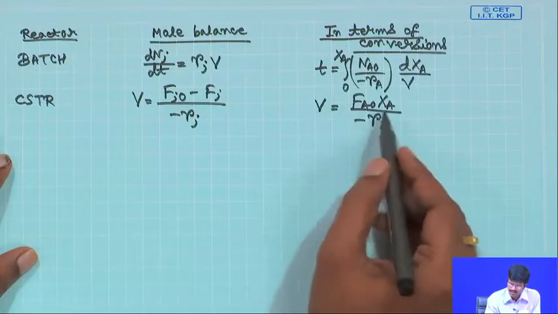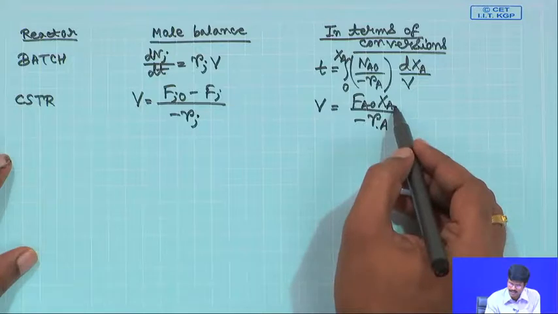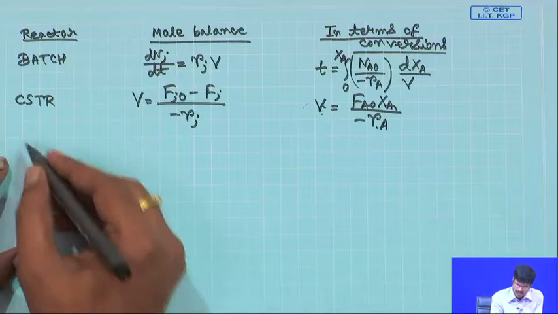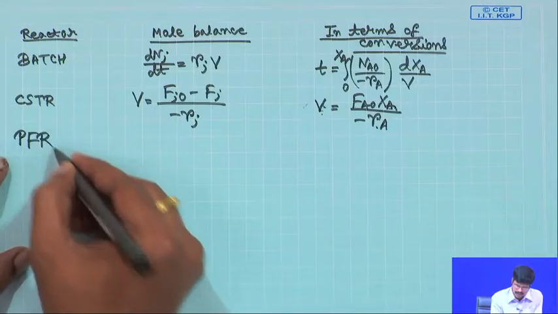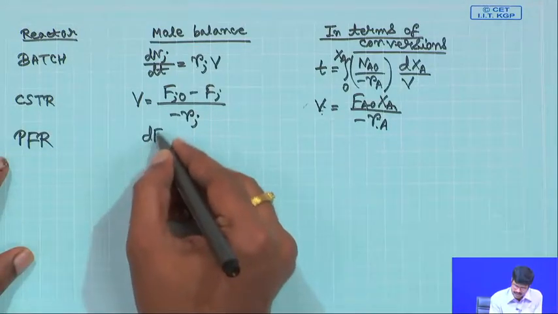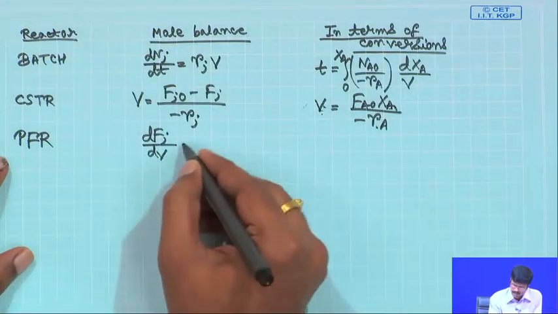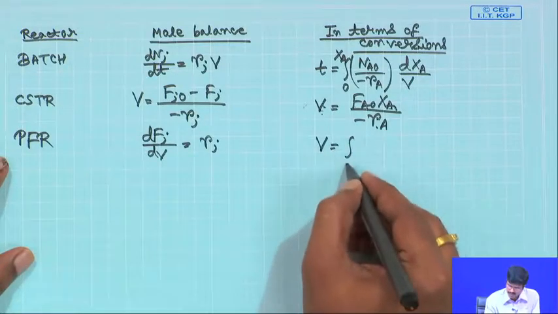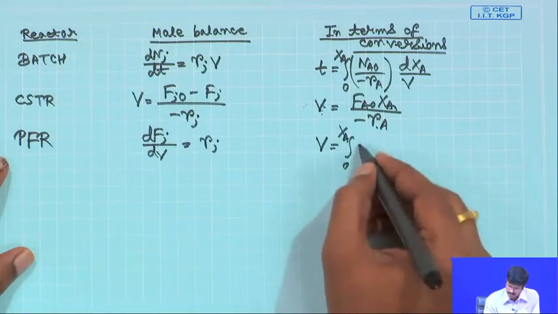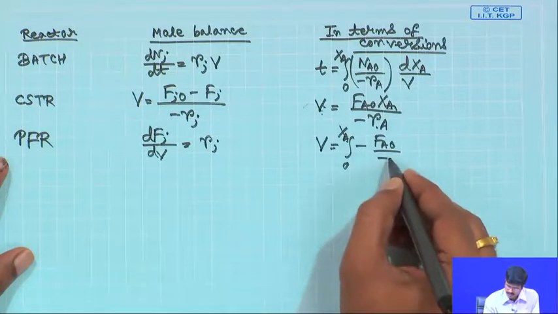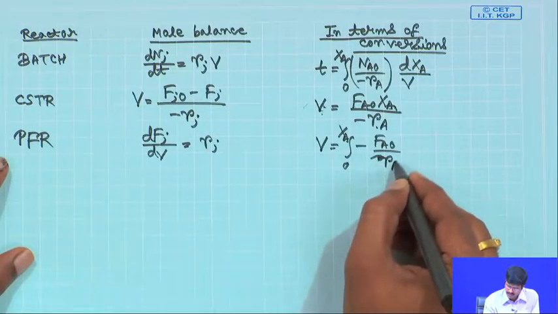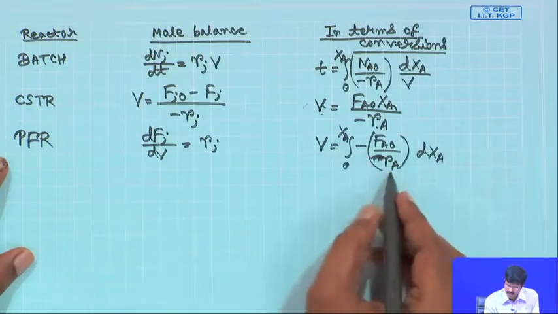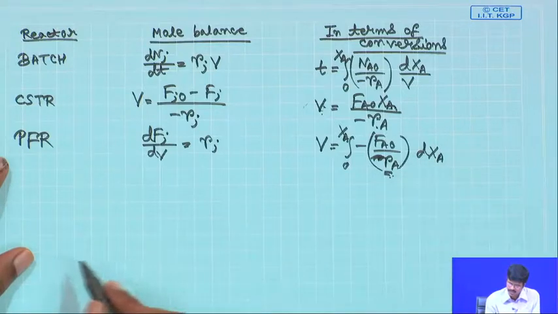We also constructed a Levenspiel plot of F_A0 by minus r_A versus x_A in order to find out the value of V at a particular x_A. Now, PFR, plug flow reactor: the mole balance equation was dF_j/dV equal to r_j, and in terms of conversion, V equals the integral from 0 to x_A of F_A0 by minus r_A dx_A. Now, this is inside the integral because the rate is also a function of conversion.